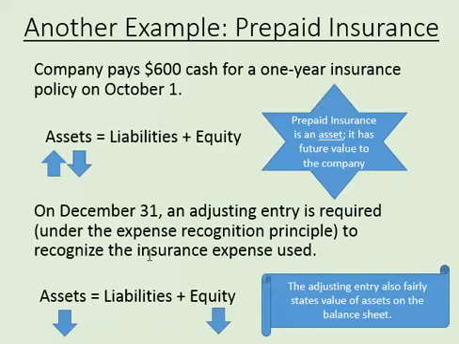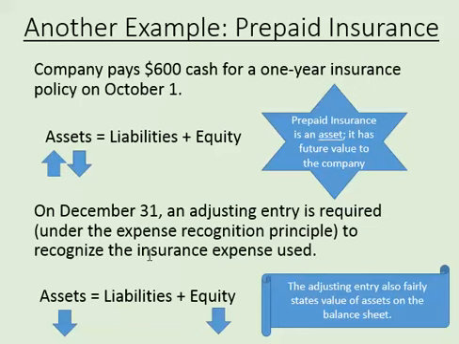So we would actually prorate it, and if we paid $600 for 1 year or 12 months of insurance, 600 divided by 12 is equal to $50 a month. So we need to recognize 3 months of insurance expense, or $50 times 3, $150.